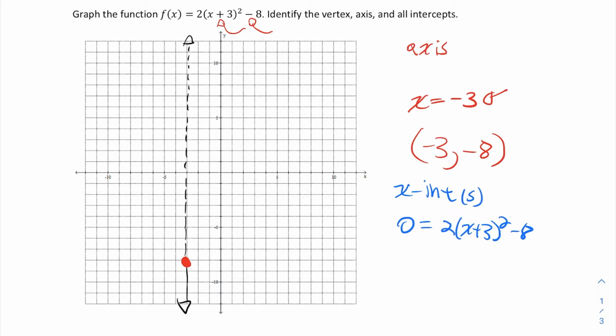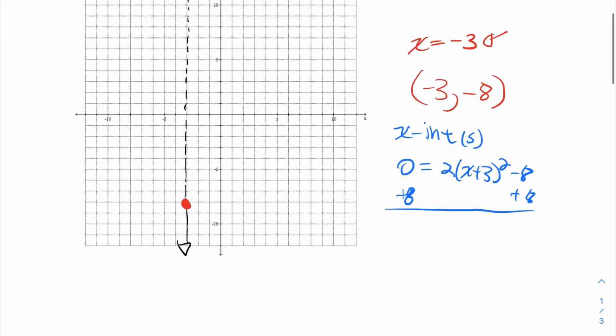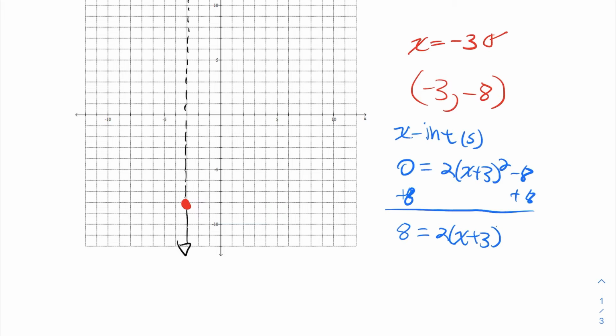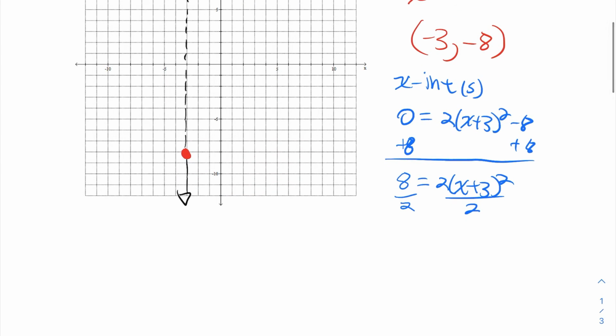We can solve this equation. We add 8 to both sides, and we get 8 is equal to 2 times x plus 3 squared. We can divide both sides by 2, which says 4 is equal to x plus 3 squared.